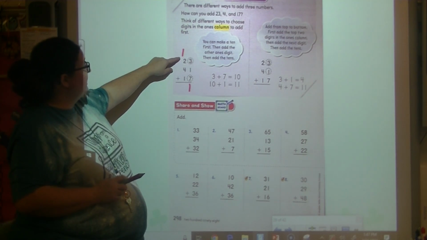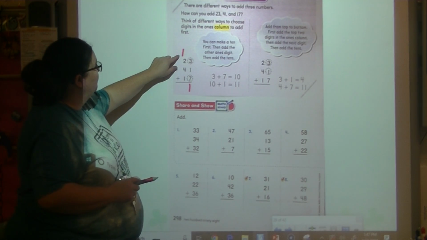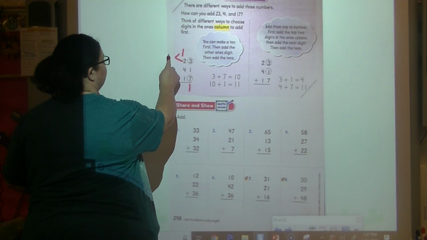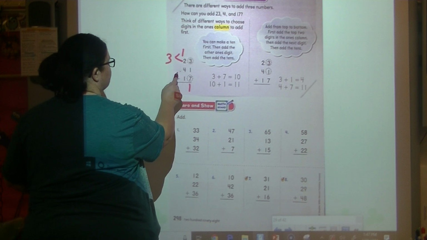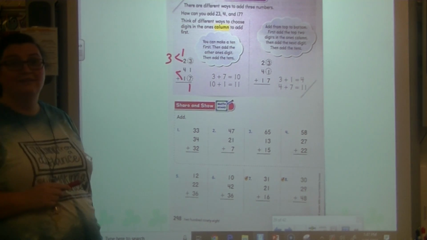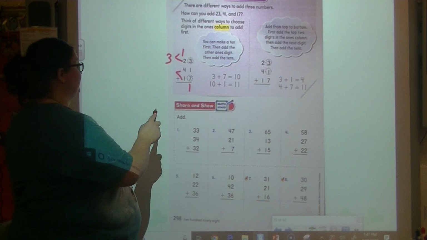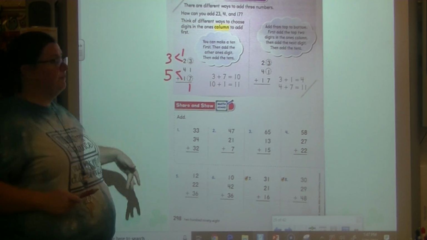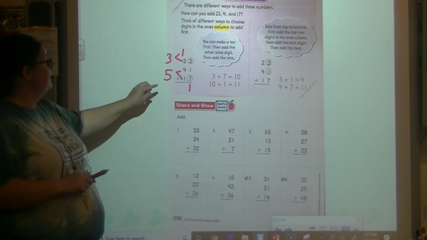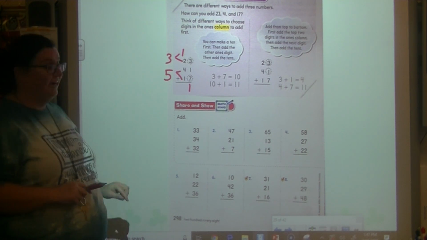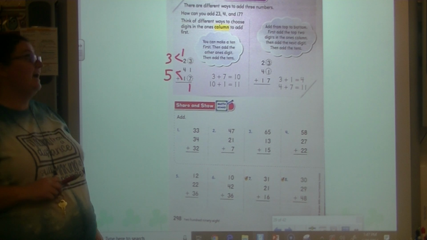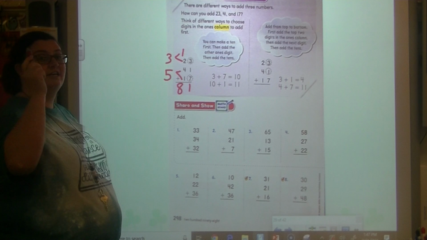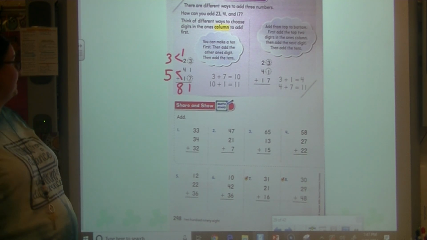Then you can add again. 1 plus 2 gives you 3. And what is 4 plus 1? 5. Now we've got to add again because now we have 2 numbers again. So what's 3 plus 5? 8. Guys, you have to keep adding until you only have 1 digit left. Okay?